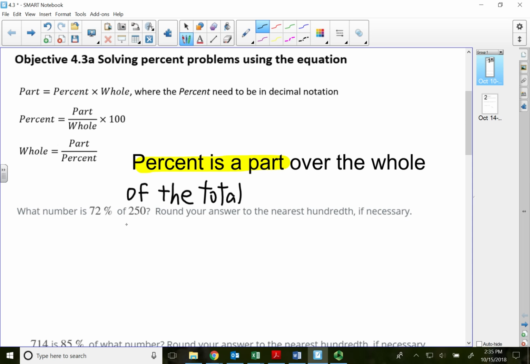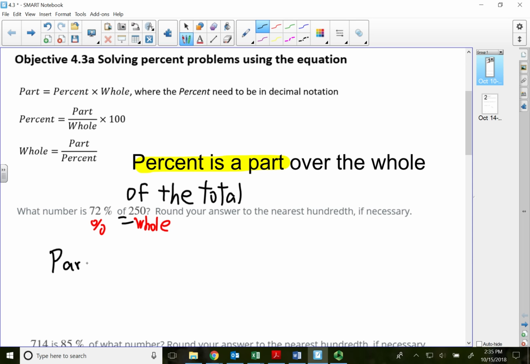So when you see the word "of," just think of the total. The whole is going to be 250, and 72% is the percent. The only thing I'm missing is my part.